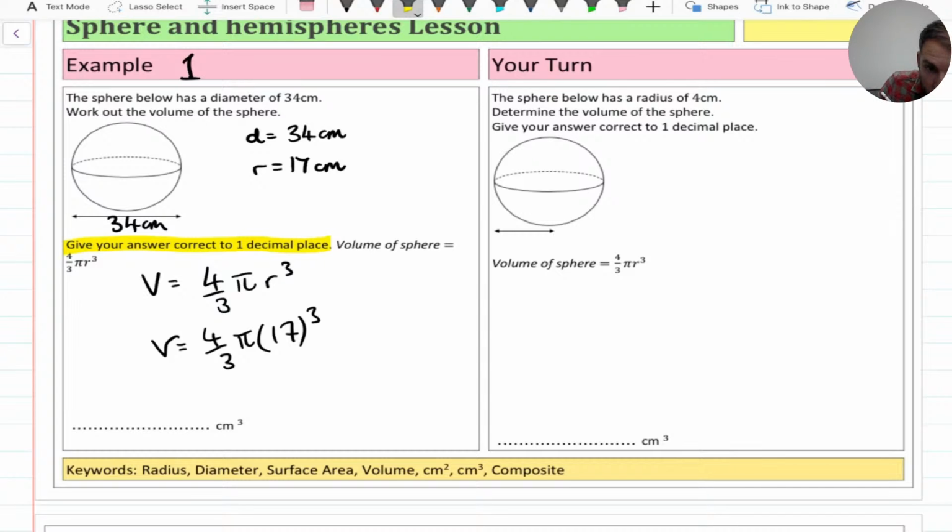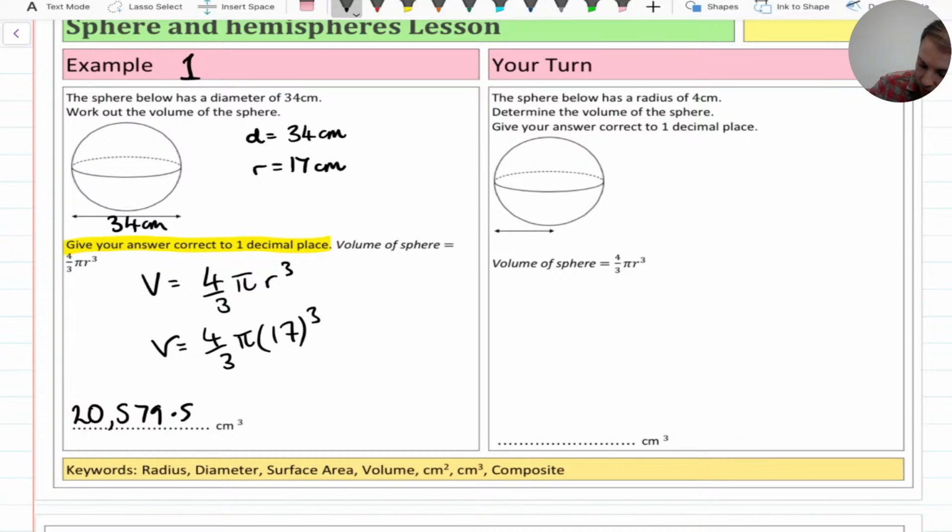So that's 20,579.5 centimeters cubed. Brilliant.